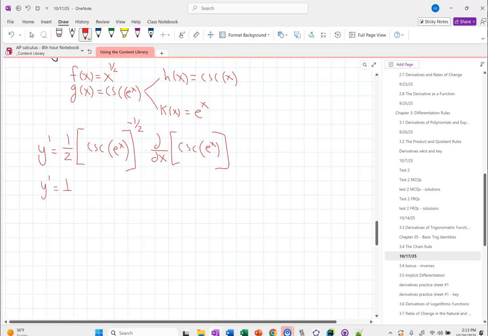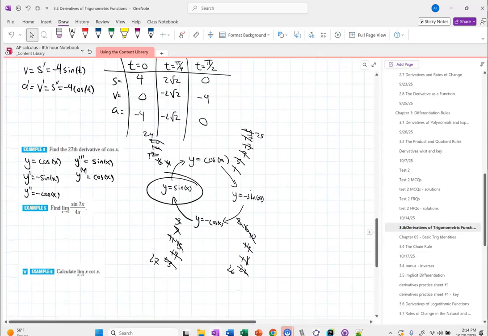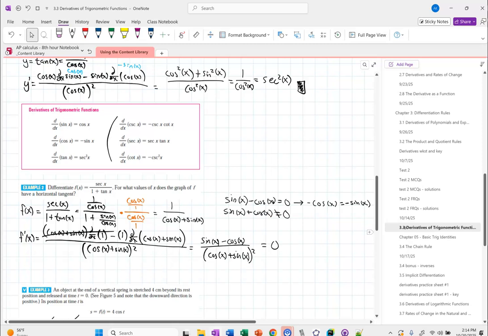Okay. So this stuff just copies down. The derivative of cosecant is, I think, negative cosecant times cotangent. Let's double check. That's just the derivative of cosecant. Negative cosecant times cotangent. And these are what we're supposed to memorize.